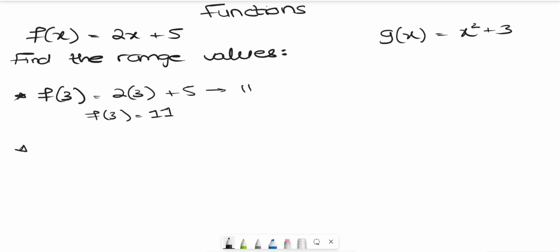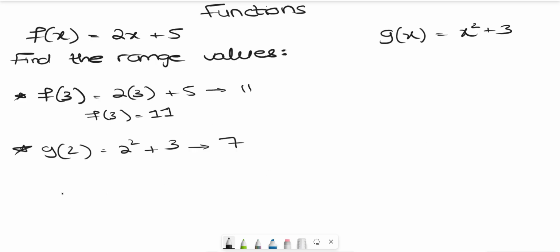Just like that, if we were given the question g of 2, find the range of values, or find the values of y, when g of 2 is present. We can write this as 2 squared plus 3, because here we have g of x equals x squared plus 3. What's 2 squared plus 3? 7, absolutely.